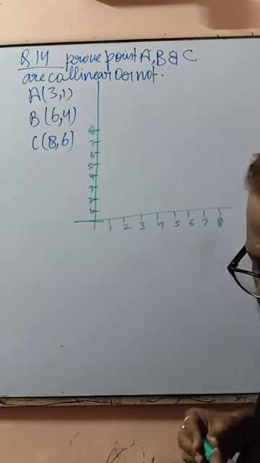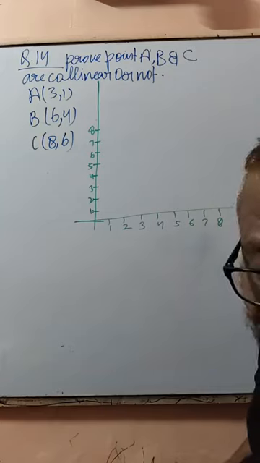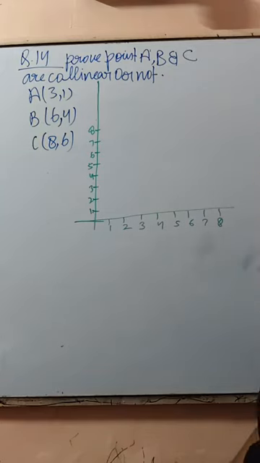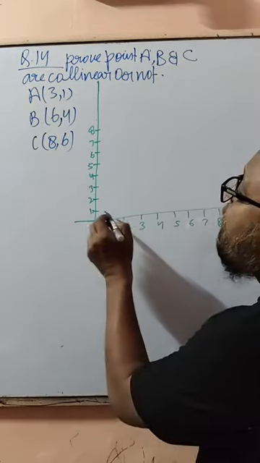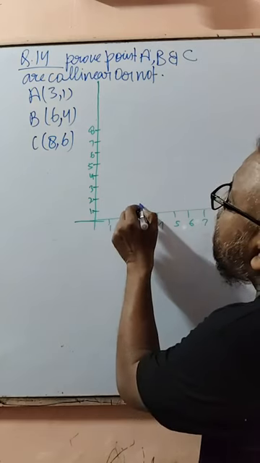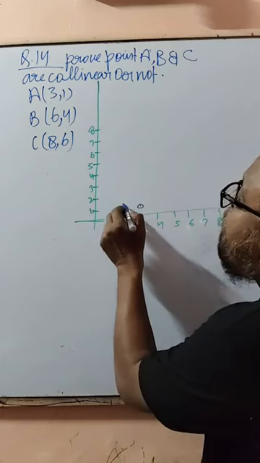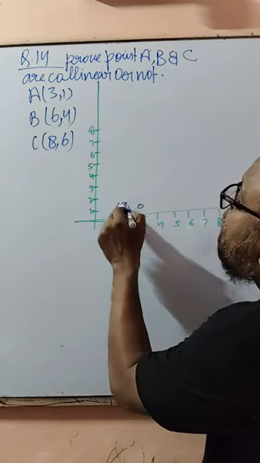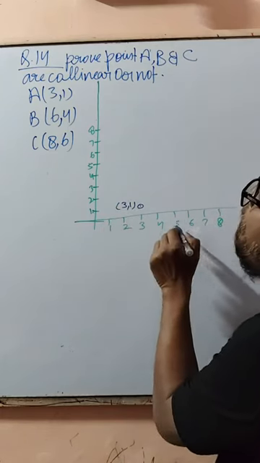Right? Now what is it saying? Point is 3, 1. Then 6, 4.